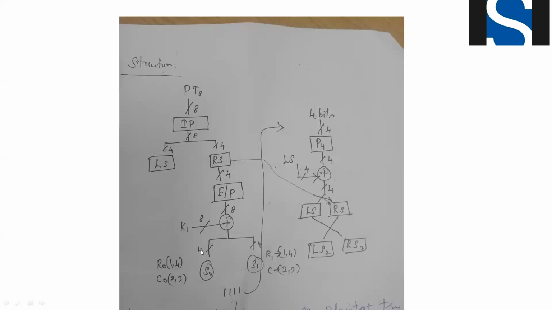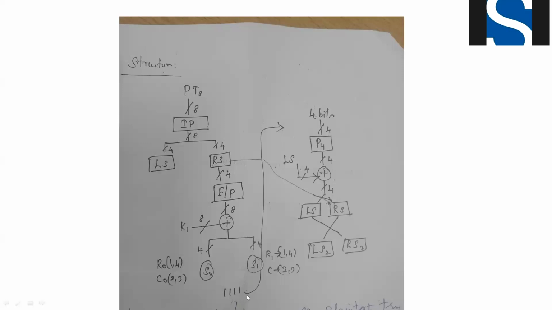So for these 4 bits that we are getting here, the first and the fourth bit positions will denote the row, and the column will be denoted by the second and third bits. Similarly here also. So this input will be looking at the S0 table, and this will be looking at the S1 table.